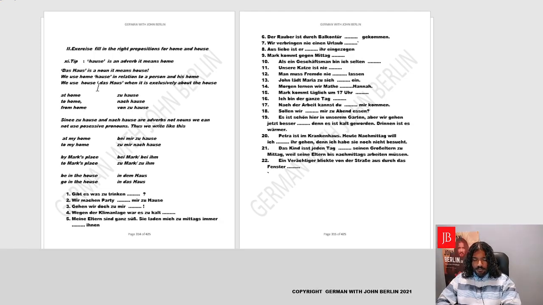Before we move forward to understand how to use Hause and house, let's find out what is the logic behind them. When you say Hause, it is in relation to a person and his home. That is the place where you live, yes?